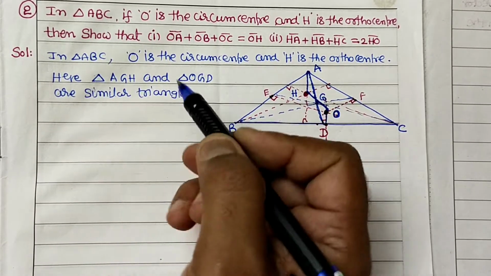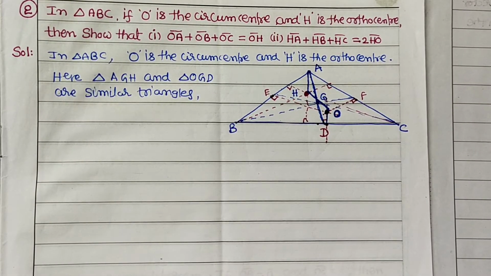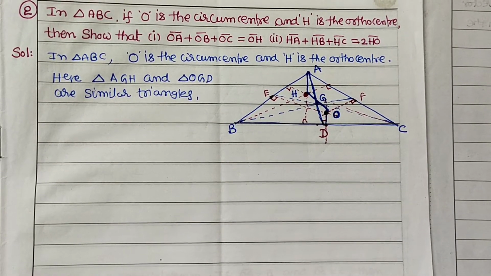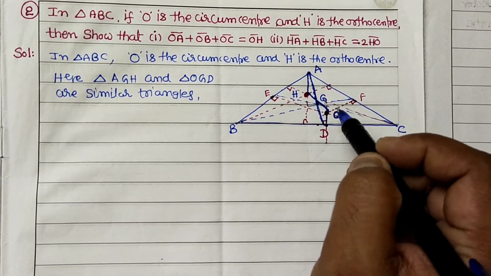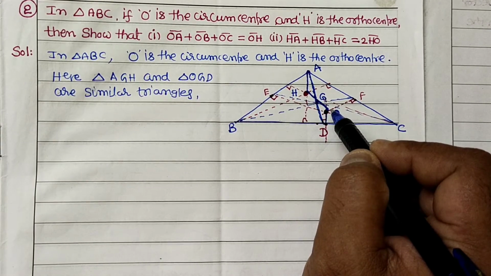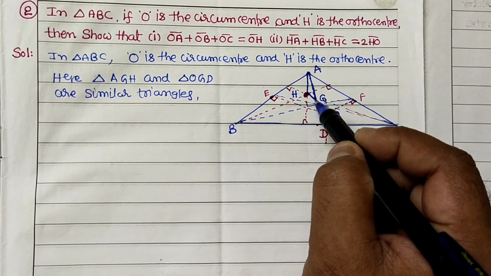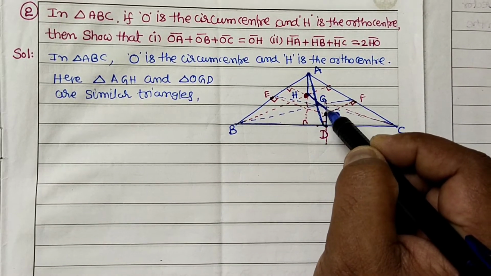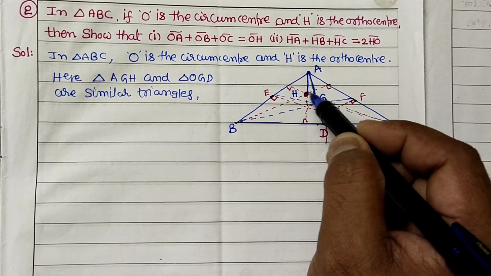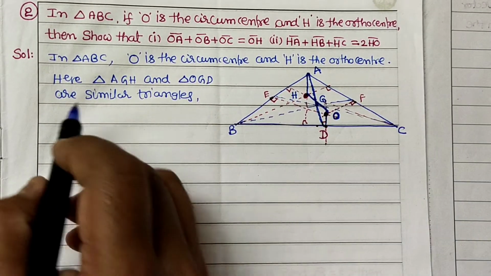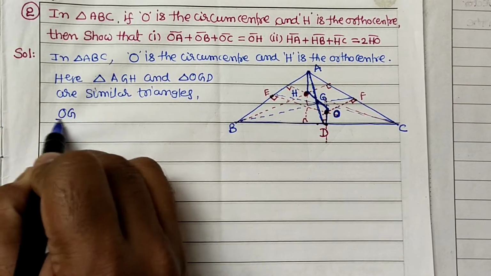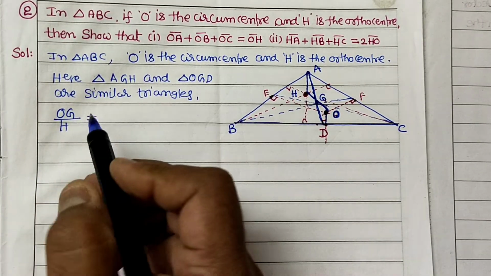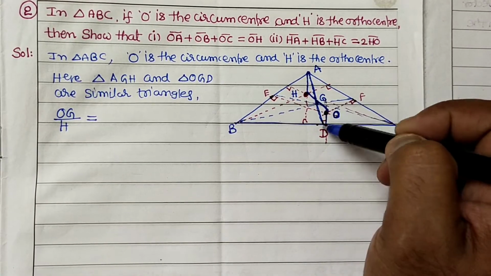Whenever they are similar triangles, their sides are proportional. Suppose, for example, for this triangle and for this triangle. First I am taking this triangle, this base is OG. OG divided by GH, which is equal to, next, GD by GA.